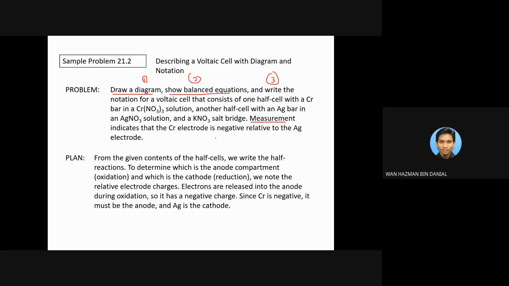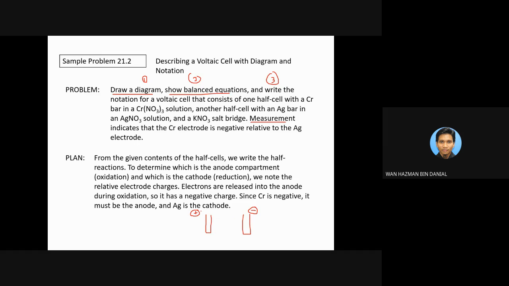So yang ni negative relative maksudnya? Maksudnya bila kita ada electrode, kan kita ada positif dengan negatif kan. Macam tu lah. Maksudnya dia straightforward je, yang mana positif, yang mana negatif. Okay.